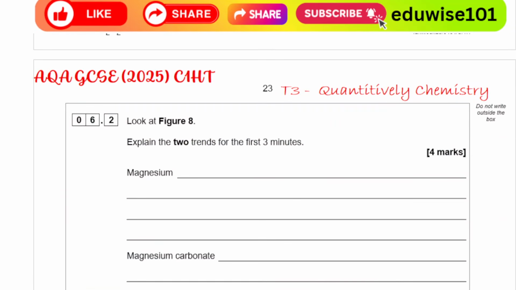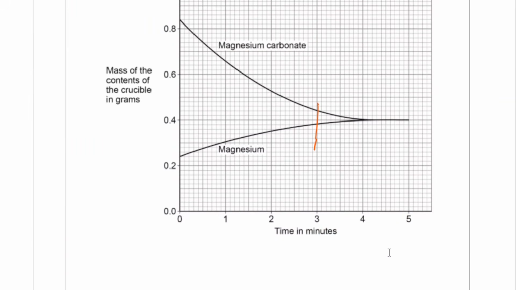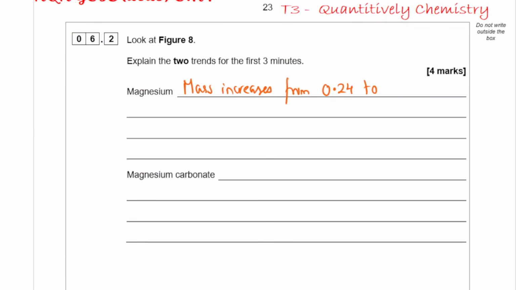So first of all, magnesium mass increases from 0.24 to 0.38. Here it's reducing from 0.84 to 0.38.